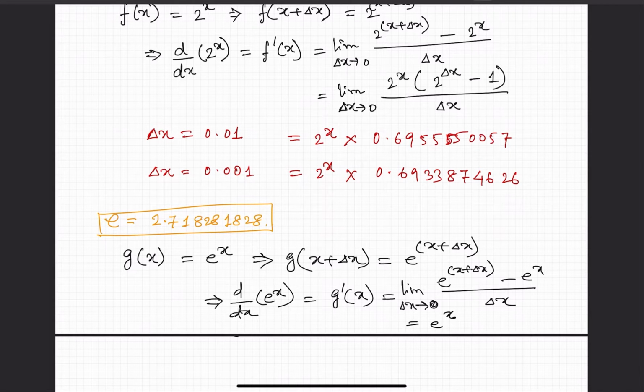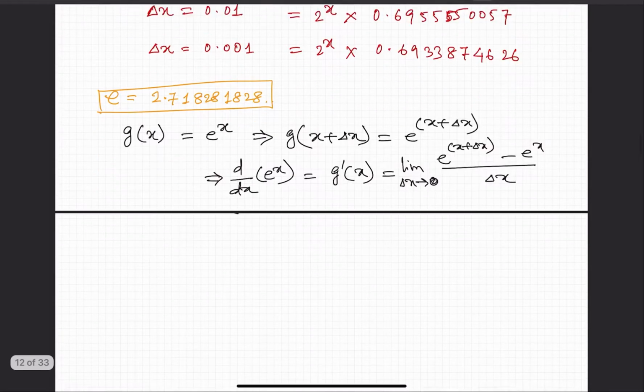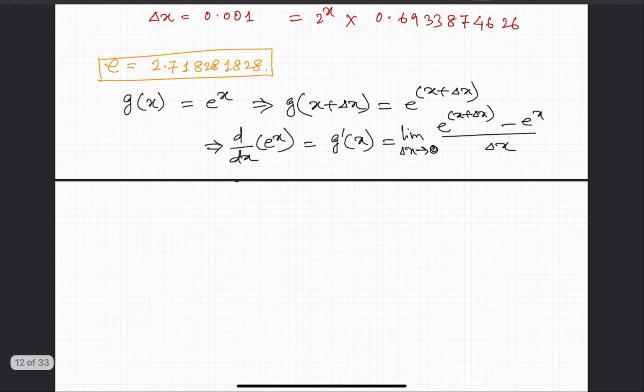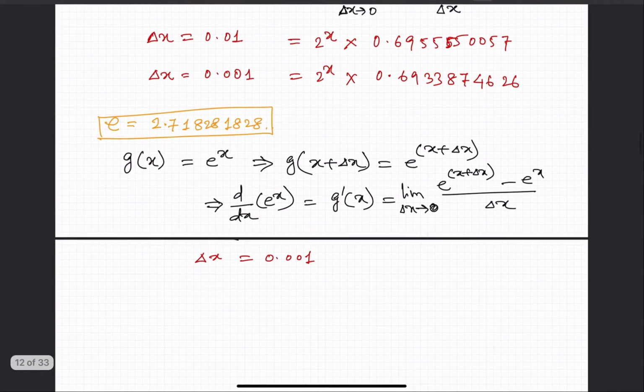If we simplify the whole thing, it would become, say if we take del x is 0.001, close to 0, we can take any value close to 0 obviously.